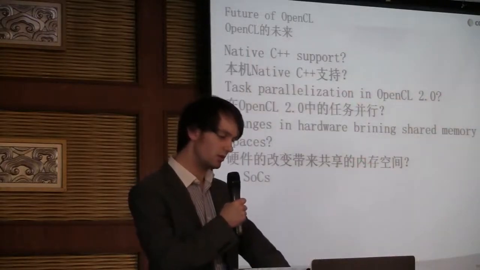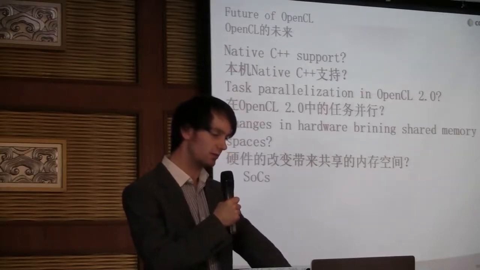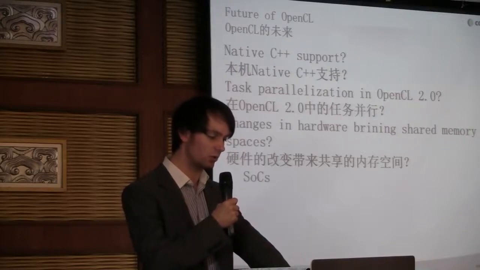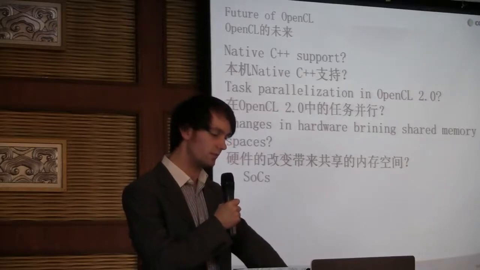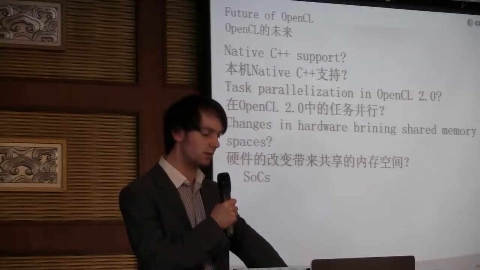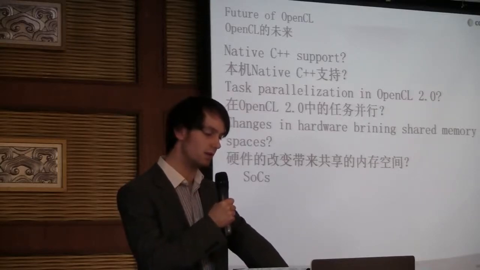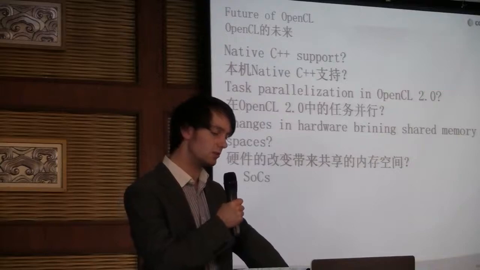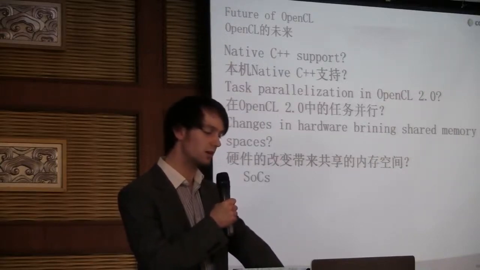So in the future, OpenCL could have task parallelization support in OpenCL 2.0. We don't know for sure though. There are some potential changes in the hardware model that could mean that in future revisions of OpenCL we could support shared memory spaces.